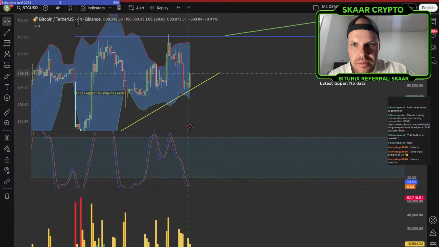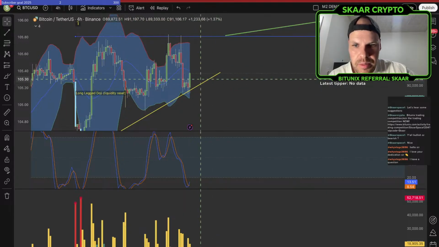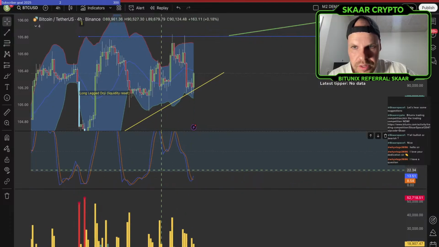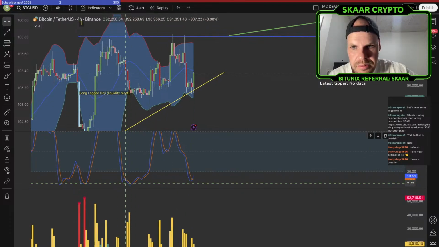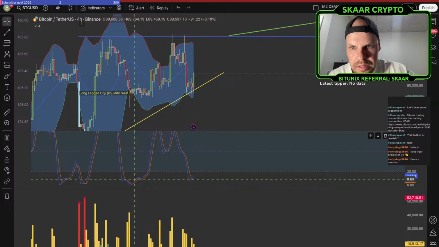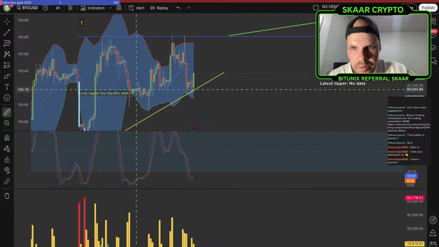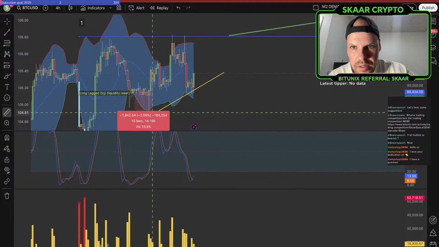We have a resistance point right here on the large time frame that we could be breaking down from, just like you saw here. We can have these small moves happening and then a dump again. And you can see this is quite substantial, because if you entered here, we had a wick down a lot.